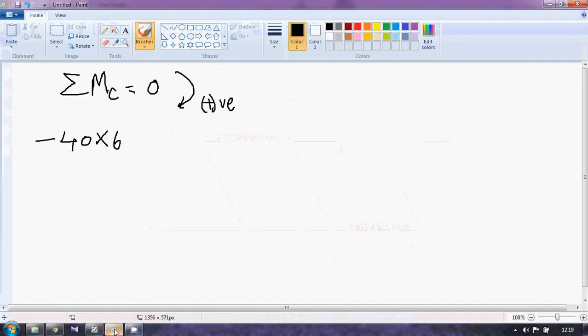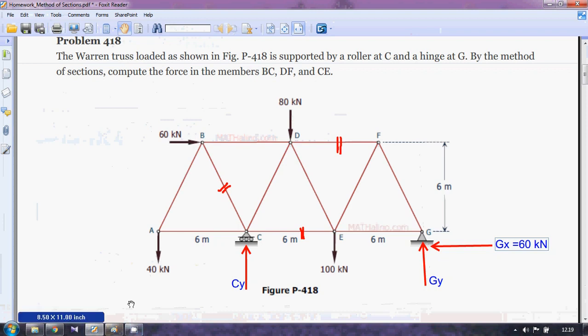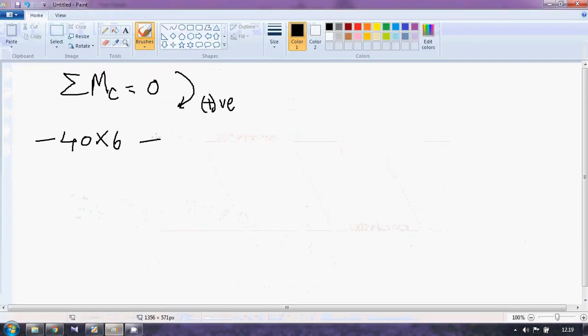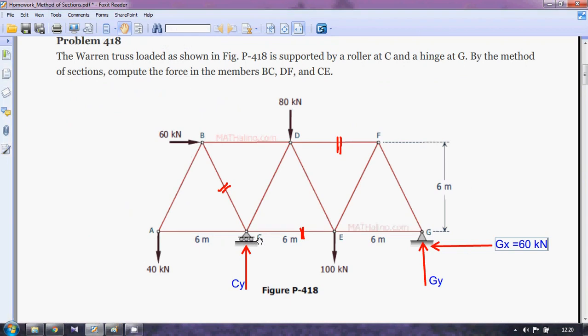Good. What about this 60 kilonewton? This 60 kilonewton will create a positive moment, clockwise moment with respect to C. So plus 60 times, what about the distance? This force is acting in this direction, so I will take a line parallel to this force.